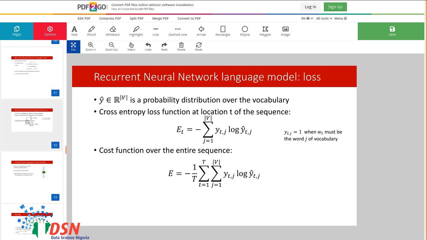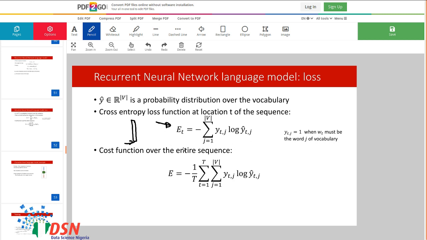Okay, so to train the model, for the loss of the model, we use the cross entropy loss for each time step. For a specific time step, we use a cross entropy loss, which we use in different classification tasks, if you remember.